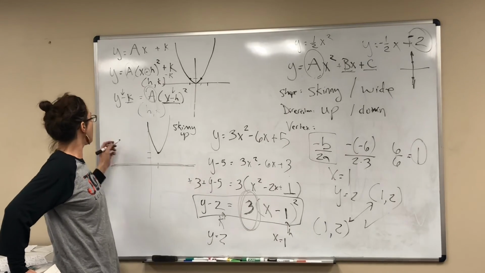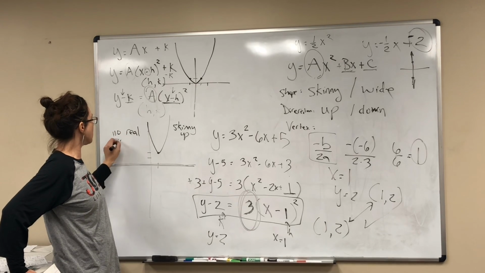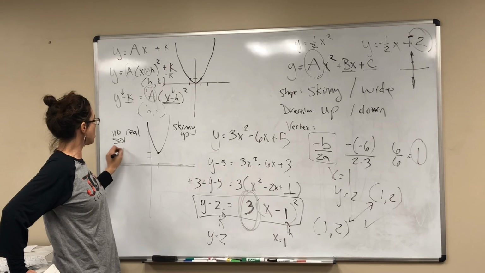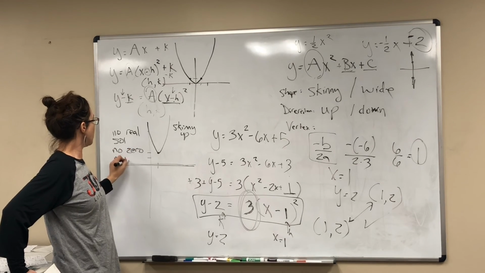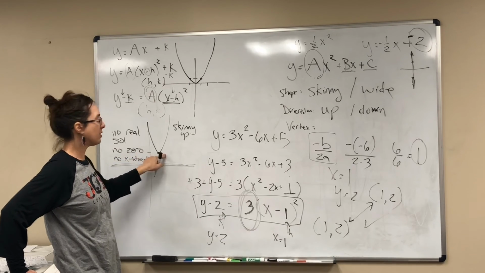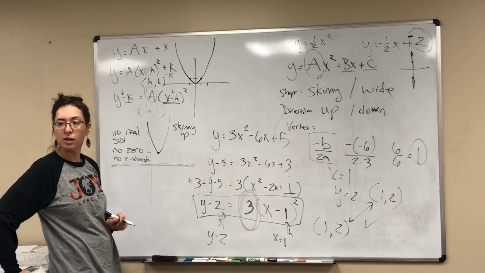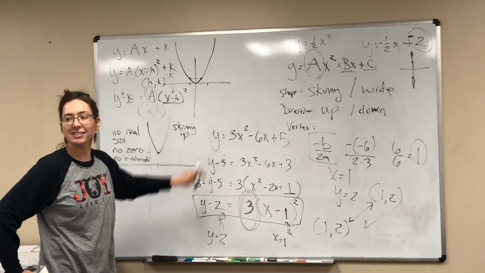So there are no real solutions. It's also called no zeros. There are no x-intercepts from this graph.